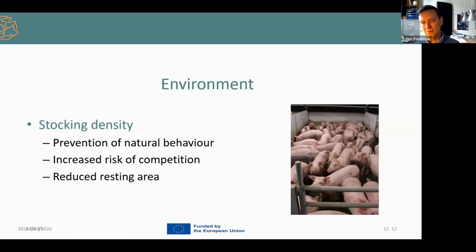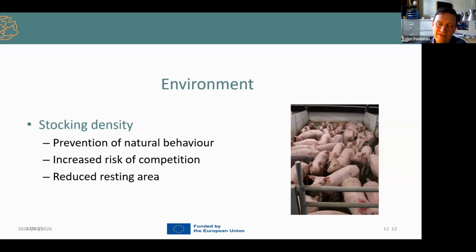So one obvious input measure is the stocking density. Prevention of natural behavior. If you have high stocking density, pigs can't move around as much as they would like, of course. Very little possibility to play, an increased risk of competition, depending on other resources available, of course.